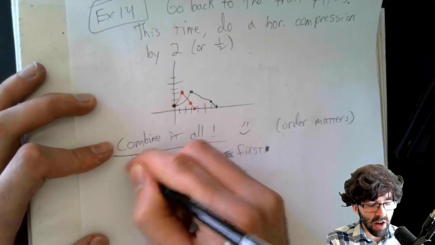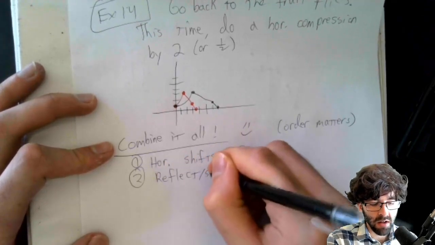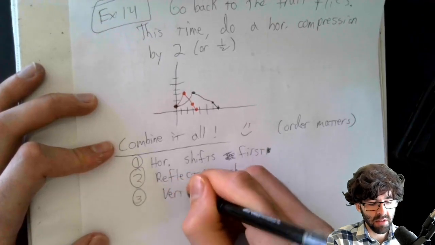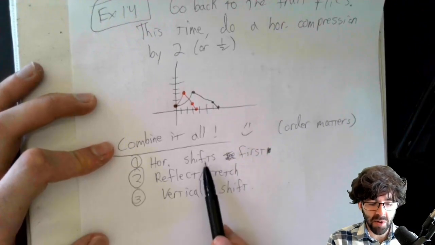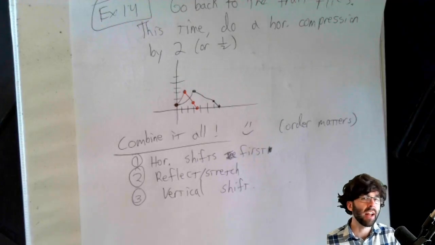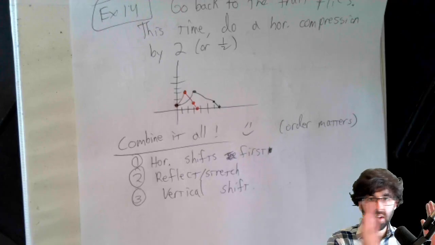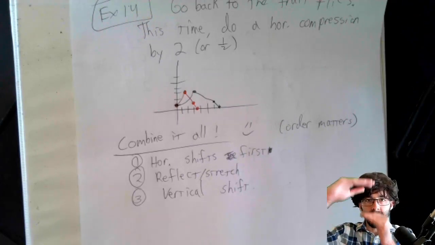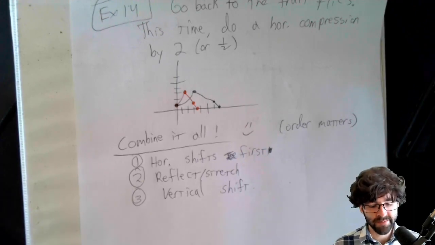And then take care of all of your reflecting and stretching. And then end with a vertical shift. So the only thing that matters is that horizontal shift is first and vertical is last. Everything else you can do in the middle, in any order. Okay? Horizontal shift first, left to right, then everything else, and then vertical shift up and down. If there's multiple function transformations, this is the order that you're going to want to do them in.